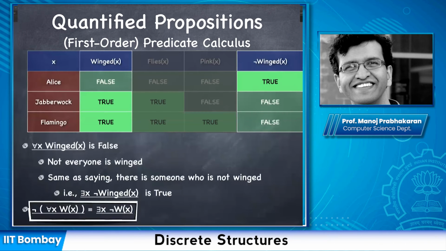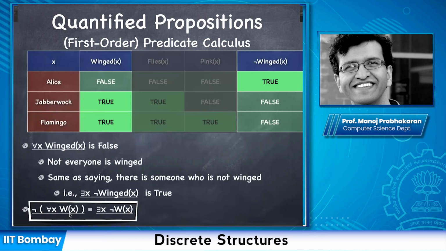So more generally, I can write an equivalence for any predicate W. W here, you should think of as any predicate. Just like we had equivalence of formulas, here we have equivalences in predicate calculus, which refer to predicates, and any predicate could be substituted there.